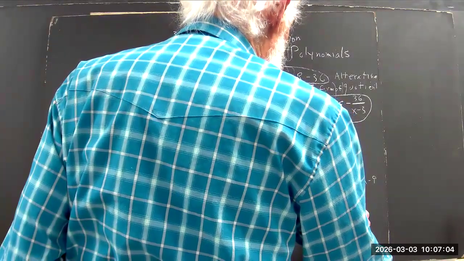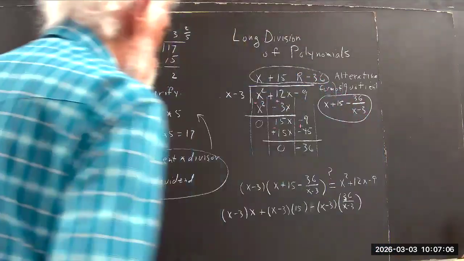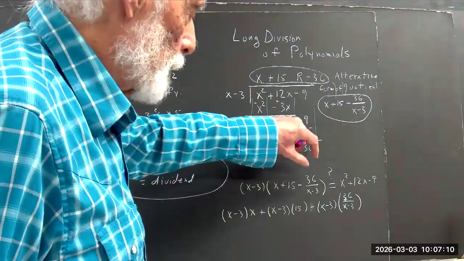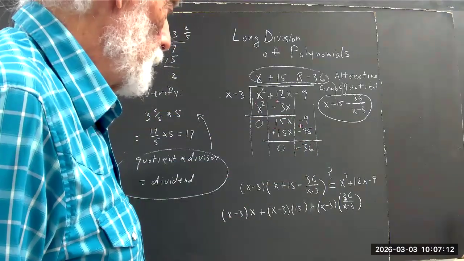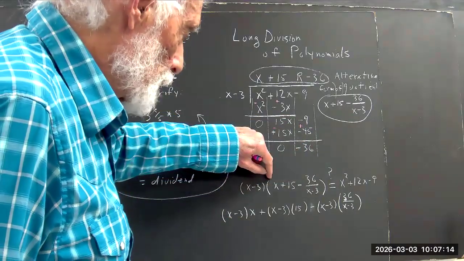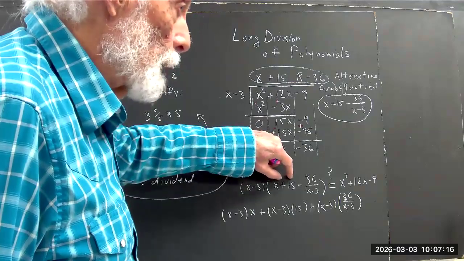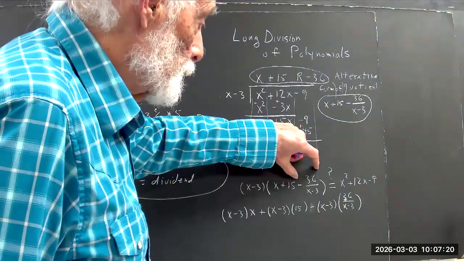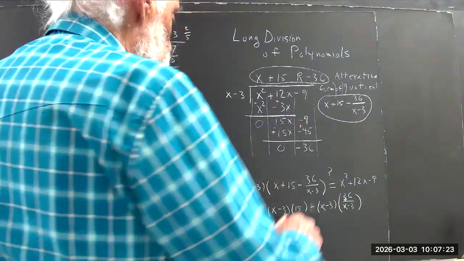And that 3 looks really bad there, but that is a 3 in the 36. Okay, again, x minus 3 multiplied by x plus 15 minus 36 over x minus 3 is x minus 3 times x plus x minus 3 times 15 plus x minus 3 times negative 36 over x minus 3.